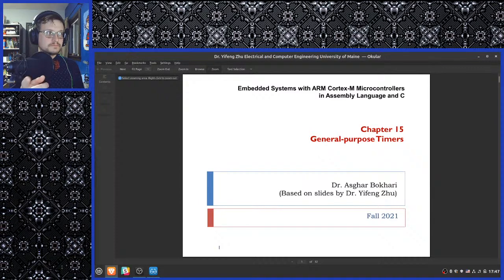When we're talking about timers, we've got two main modes that we're interested in the applications of. The first mode is comparison, and the second is capture. With capture, you're trying to time things. It's an electronic stopwatch.